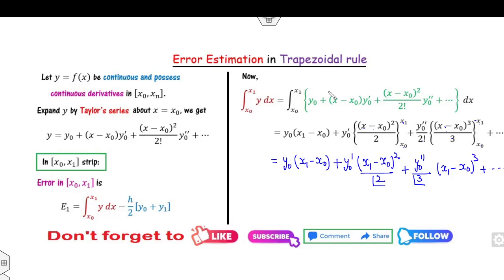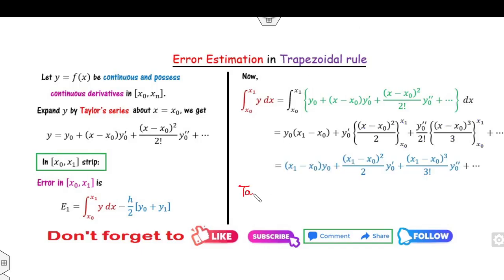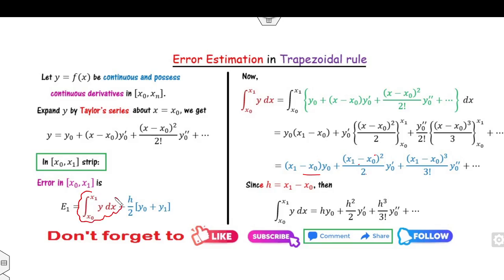Fine. Now I can simply take the difference of these two values, where x1 minus x0 is h. So the value of this integration is h y0, h square, and so on. Fine. So this is the expression of the integration of y of x dx from x0 to x1.